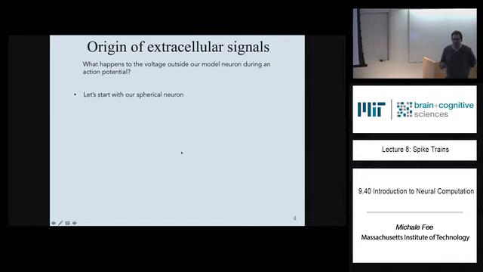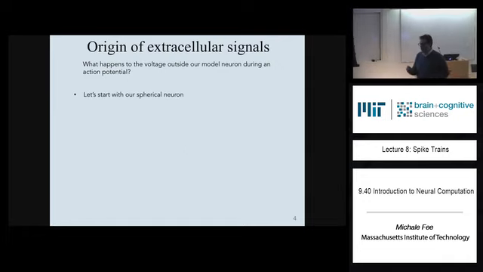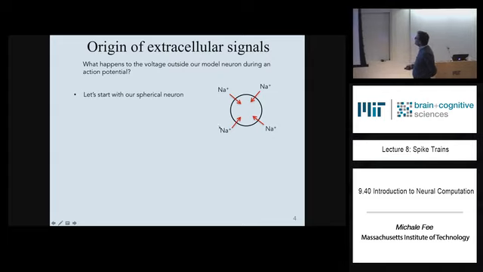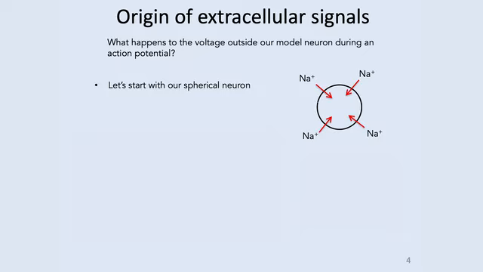Okay, so how do we think about what kind of voltage changes we might expect if we placed an electrode near a cell that is generating an action potential? So let's start with a spherical neuron, and let's give this spherical neuron sodium channels and potassium channels so that it can generate an action potential.